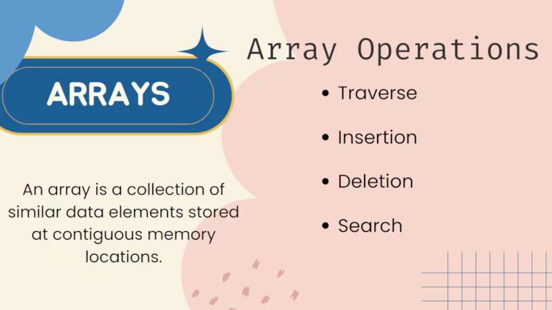Then search. Search is when you are looking for a particular value within the array. And all of this, you've done in C programming. So we are just revising what we've learned in C programming, right? But in this case, we are looking at Java.